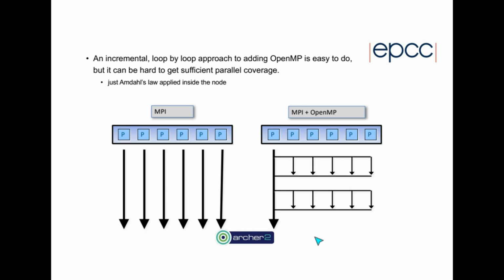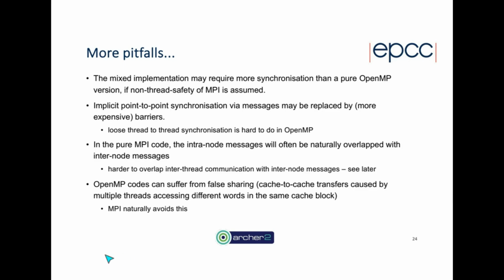The natural or easy way of writing OpenMP is to do parallel loops, and you can quite easily end up with sequential sections of code. What else? You can end up having more synchronization than you needed in a pure OpenMP version. Okay. We're not going to assume that our MPI is thread safe; we'll come back to that later on.